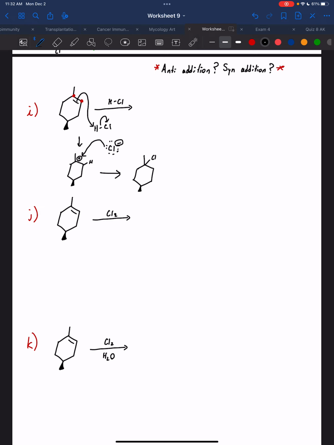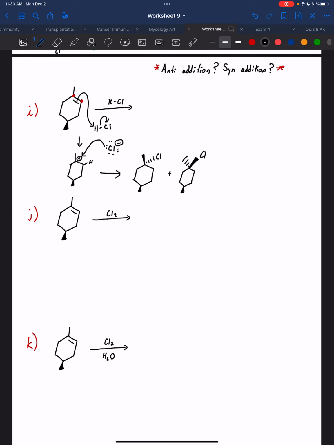I will put stereochemistry, because it's a carbocation, and so you know that you can attack from the front or the back. And so you have something like this. Like that. Those would be your two products.